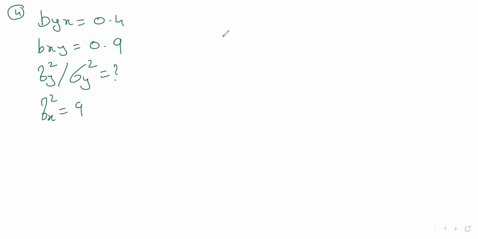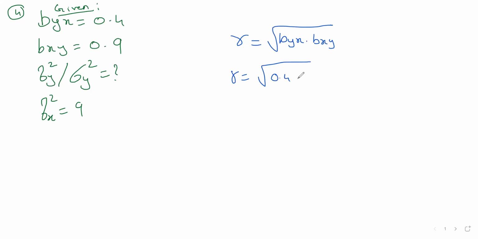Now we know very well, this is the given information. Now we know very well that r is equal to under root byx into bxy. So r is under root 0.4 into 0.9. It is under root 0.36.